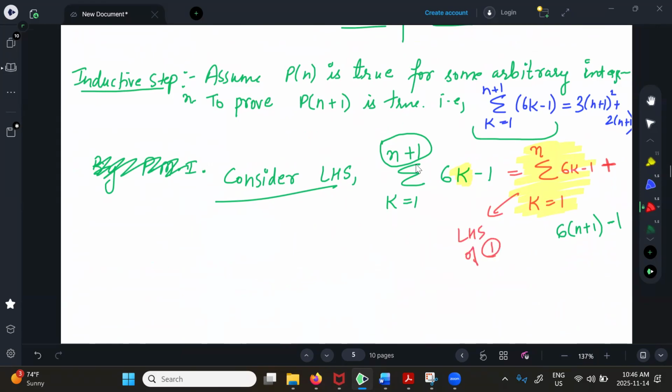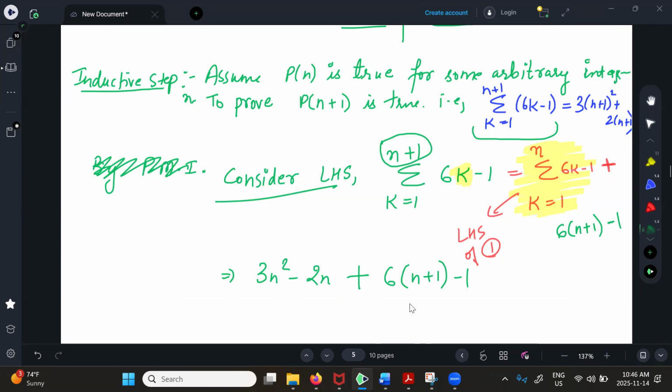Because I know 1 is true, I assumed it, I can replace this left-hand side with the right-hand side. And that's what we are doing here: 3n squared plus 2n plus the remaining part. Okay? Good.